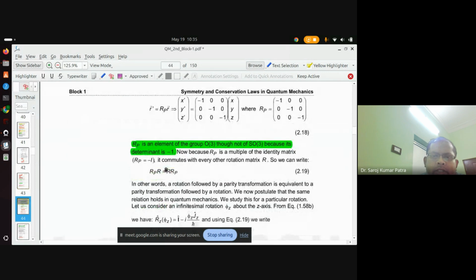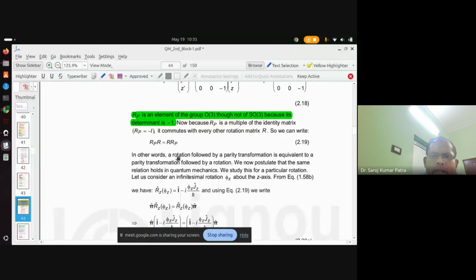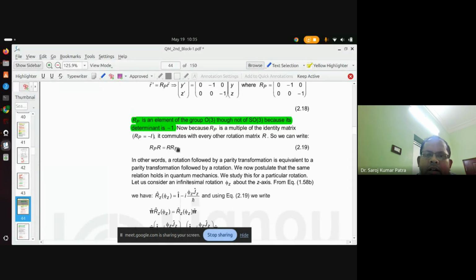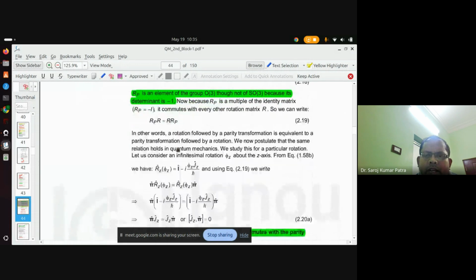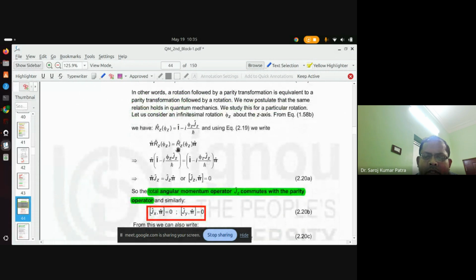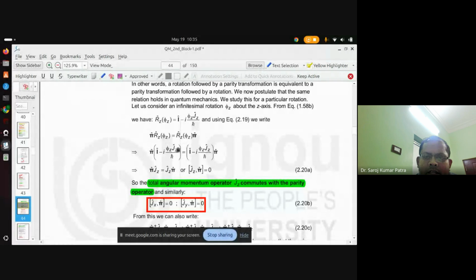So you can discuss this a little bit more during your group theory discussion in mathematical physics, where it will be more clear, because that is what kind of matrix you have and whether it will be O3 or SO3, that you can check. As with orbital angular momentum, we can also have total angular momentum.